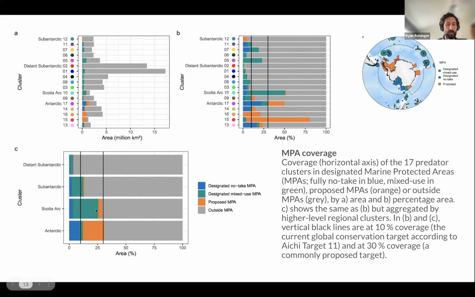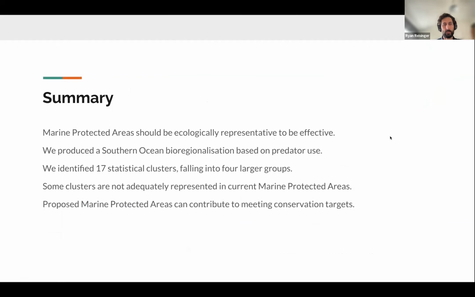The Scotia Arc can nearly reach the 30% threshold if proposed MPAs are designated. And the Antarctic currently meets the 10% threshold and can reach the 30% threshold if the proposed MPAs are designated.